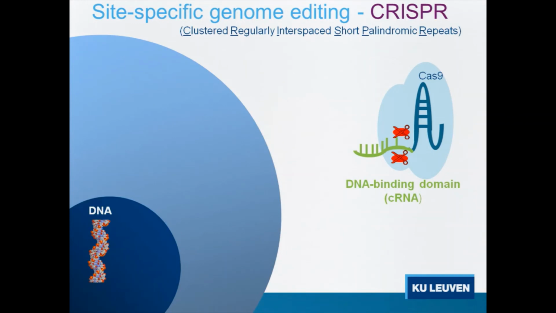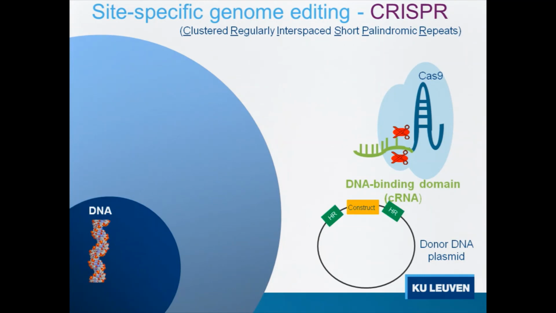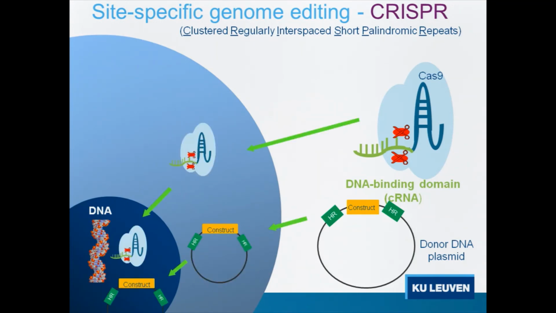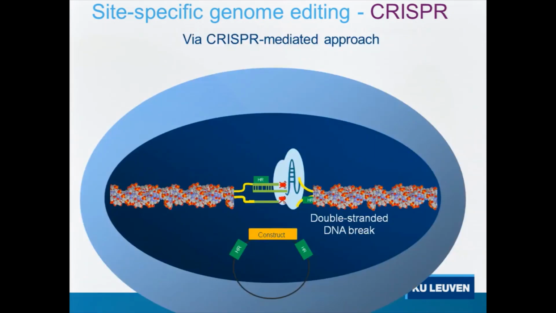Well, you use the Cas9, and then you engineer a stretch of RNA, of which this part is complementary to the site of the locus that you want to target in your genome. Again, you use a donor DNA plasmid with your construct and your homology elements, and you transfect this into the cell.